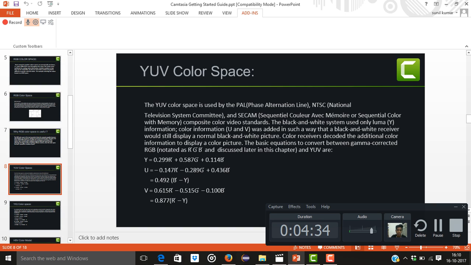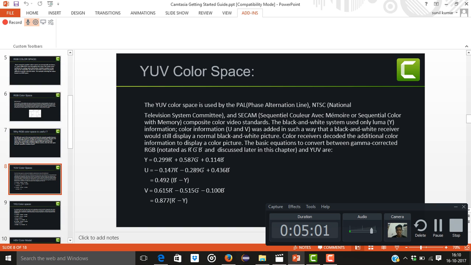YUV color space is from the National Television System Committee, NTSC. The committee defined the YUV color space. The black and white system used luma information; color information was added in such a way that a black and white receiver would still display a normal black and white picture.